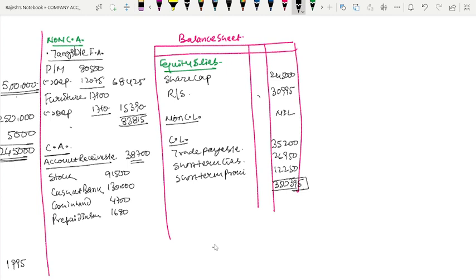It will tally. Now put the form for assets. Tangible fixed assets total 83,815. Then current assets.